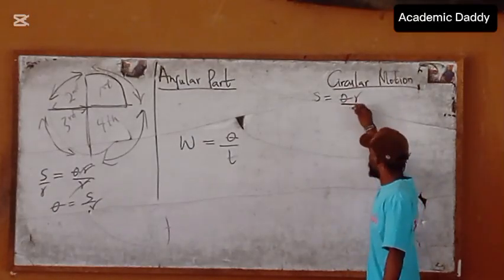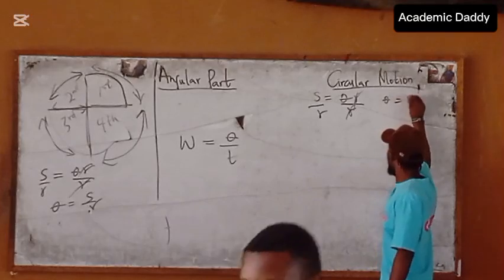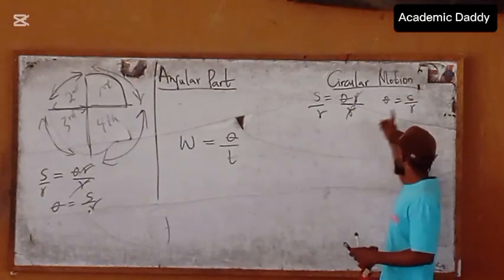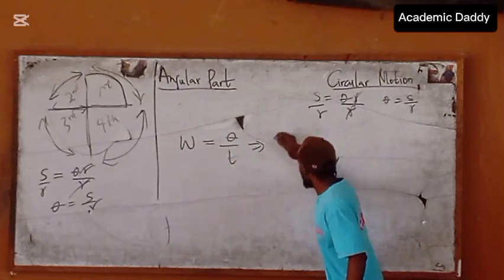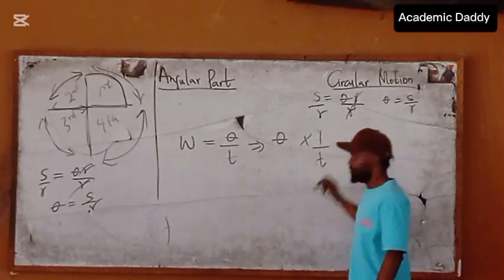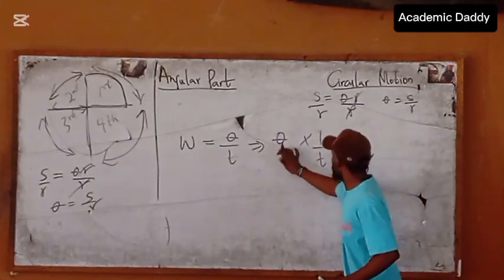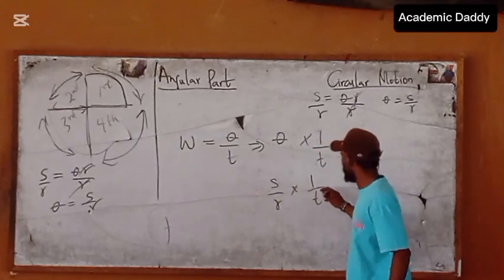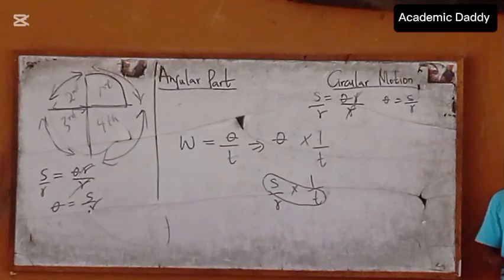So, making theta subject of the formula here, we divide both sides by R, so that we get that theta is equal to S over R. Now I said substitute the value of theta here. This theta is the same as saying theta times 1 over T. Do you agree? So I'm now saying put the value of theta here, which is S over R times 1 over T. And if you look at this, it is something you know in kinematics, S over T means velocity.